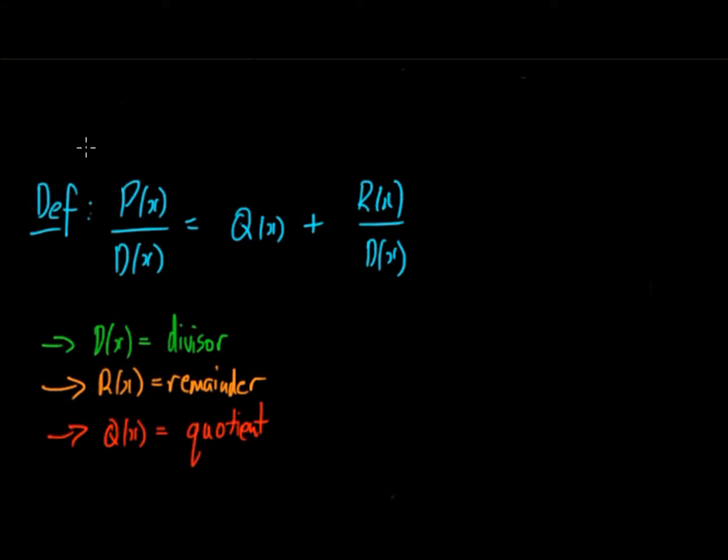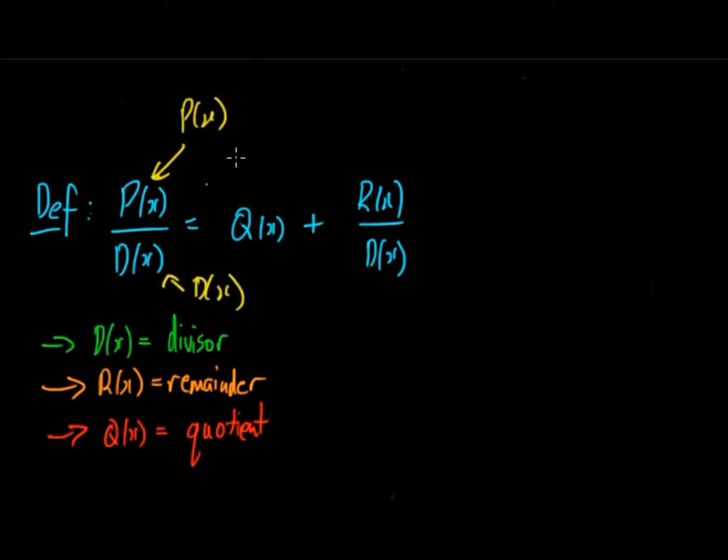So when you divide one polynomial by another, you get an answer in this form. This is sort of thought about as a definition with regards to what the terms are called and what it looks like. However, we can just think about it as P(x) is a polynomial and D(x) is a polynomial.